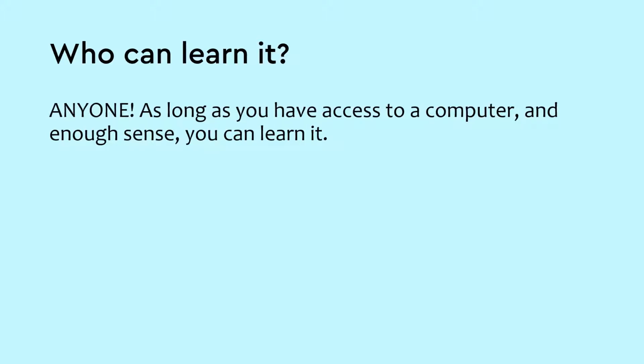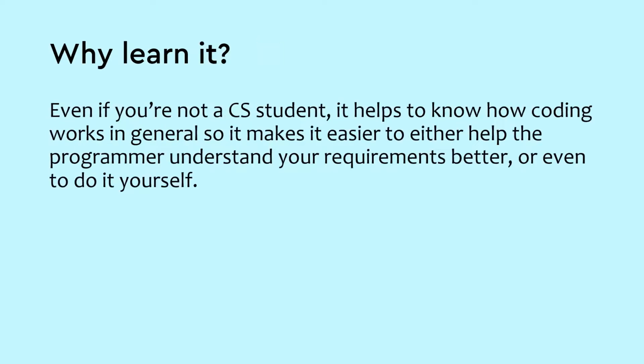So the third question is, why learn it? Many people might think that coding is only for computer science students, and to some extent it is sometimes good to leave very complicated things to them. But there are many simpler things that may be better to do on our own.